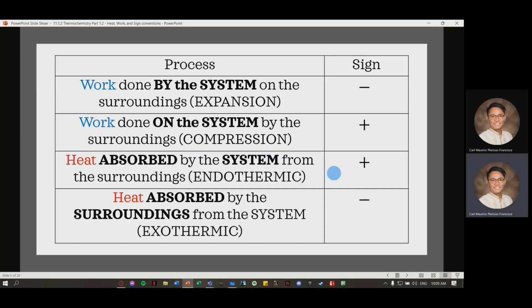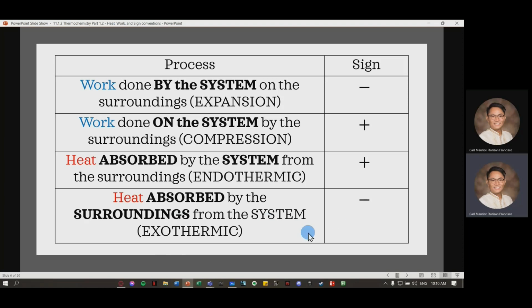And the sign for heat is negative if heat is absorbed by the surrounding, or in other words, heat is released. Exothermic. As the prefix suggests, exo, that means release of heat. So whenever heat is released by the system, or in other translation, absorbed by the surrounding from the system, heat will be negative, exothermic.